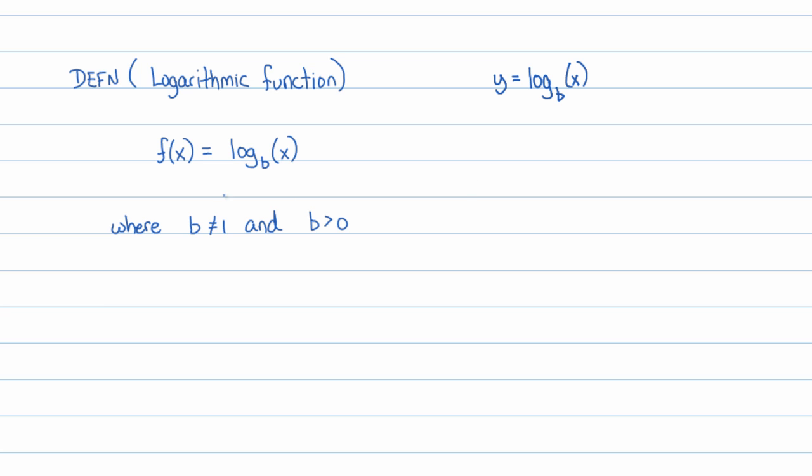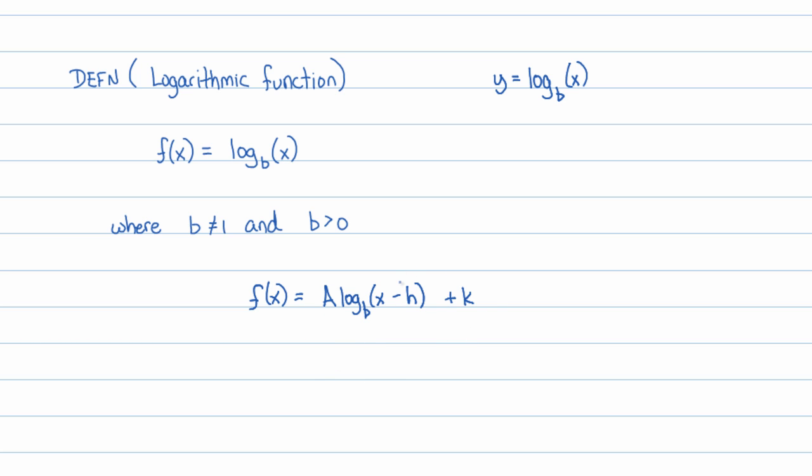Something I want to mention here, this is how textbooks list it out, but honestly, a logarithmic function could be of the form a times log base b of x minus h plus k. In other words, if you think of shifts and translations, which again is something that we talked about in the past when we dealt with functions, you can apply shifts and translations to graphs of logarithms, which we'll again talk about in the future.